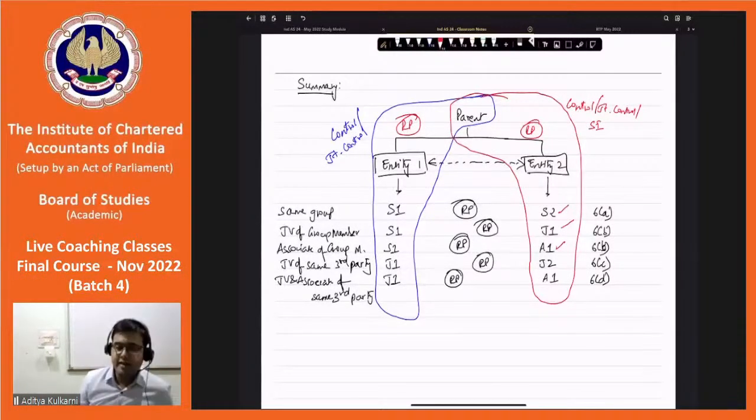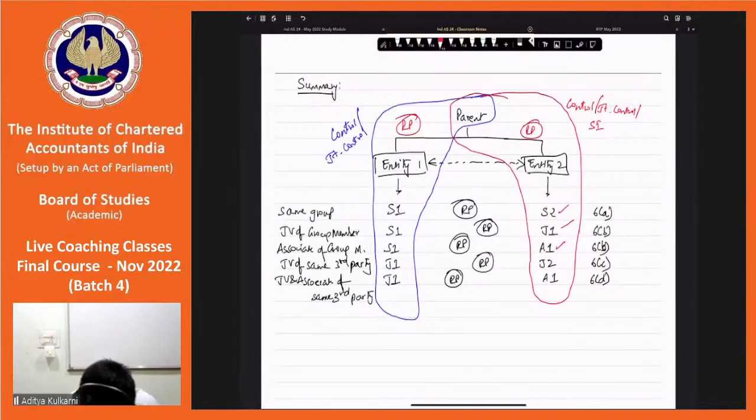Control means subsidiary, joint control means joint venture, J, and A1, that is associate, means significant influence. So when there is control, joint control, or significant influence, then these two parties will be related with each other.